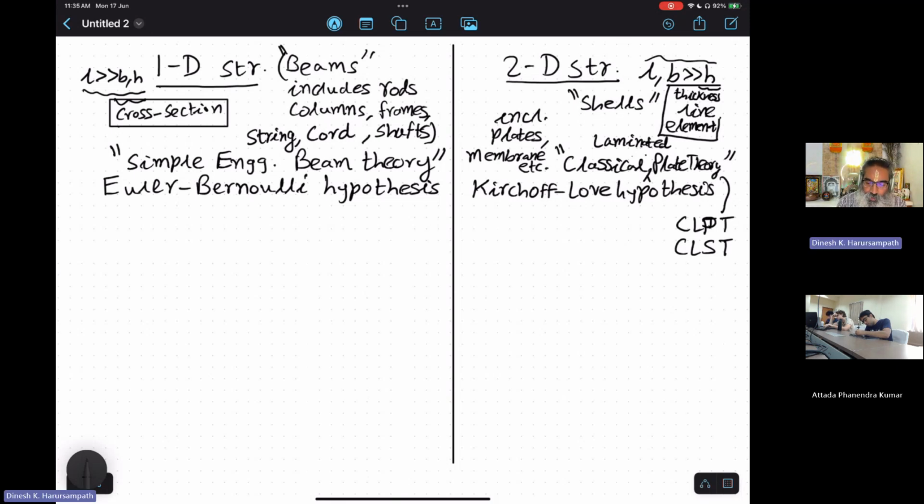Now, in order to understand this Kirchhoff-Love hypothesis, which we introduced as gamma alpha beta equal to epsilon alpha beta plus x3 rho alpha beta, what we are actually doing in terms of the physicality, because this is mathematics, but in physicality, what we are essentially saying is that we are introducing a new variable.